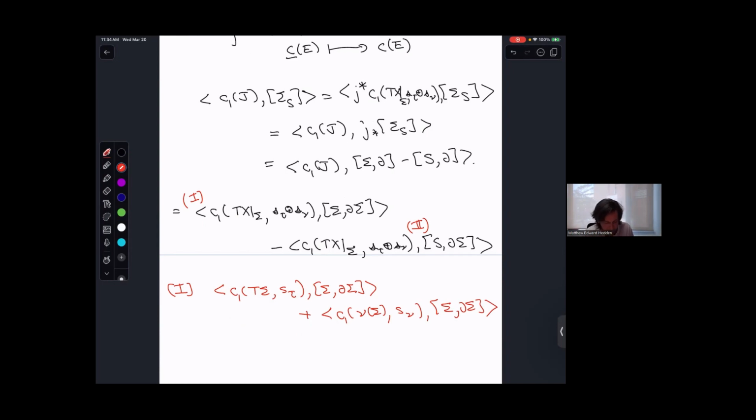And here I'm using the fact that I've assumed, either by the fact that sigma is a symplectic submanifold of a symplectic four manifold, or if you like, an almost complex curve in an almost complex four manifold, that I have this splitting of the complex tangent bundle to X along sigma. Maybe I'll color the second one in too.